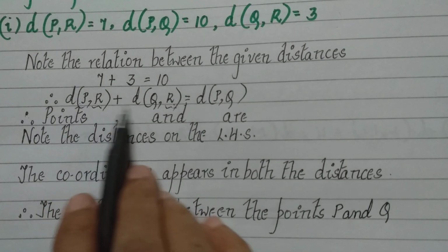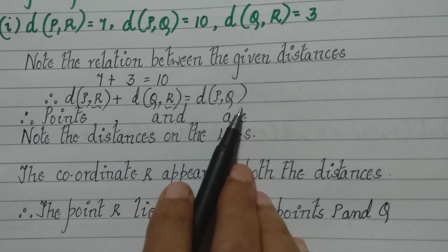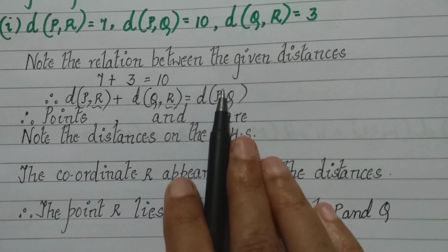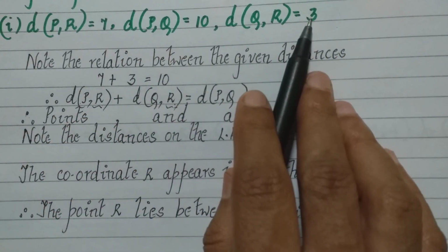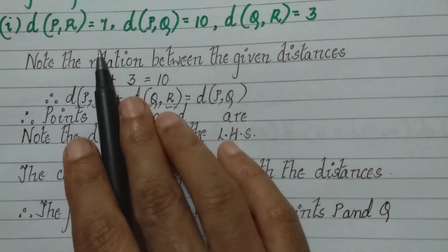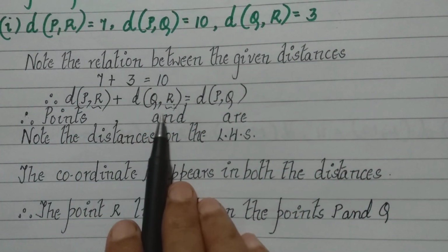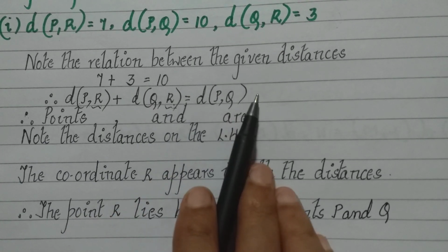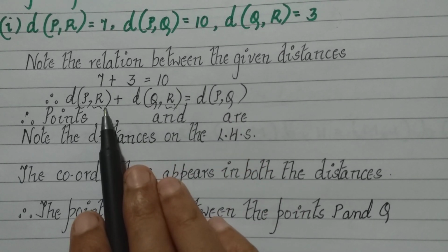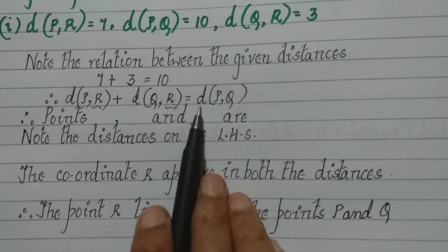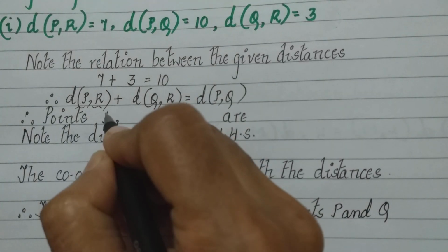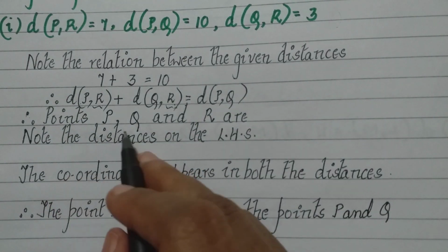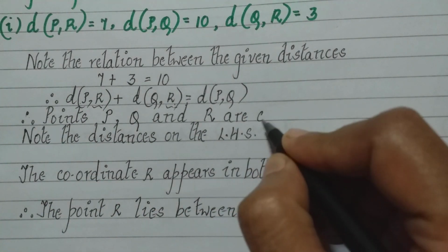Now, once we have a relationship like this, that one distance plus the second distance is equal to the third distance, and they had already given that these points are here, once we know that the sum of the two distances is equal to the third distance, then we can say that all these three points, that is points P, Q and R, are collinear.